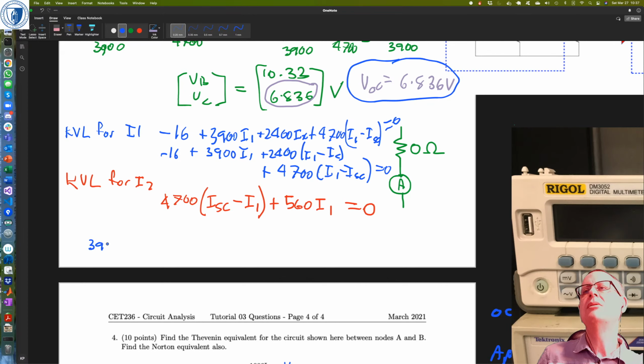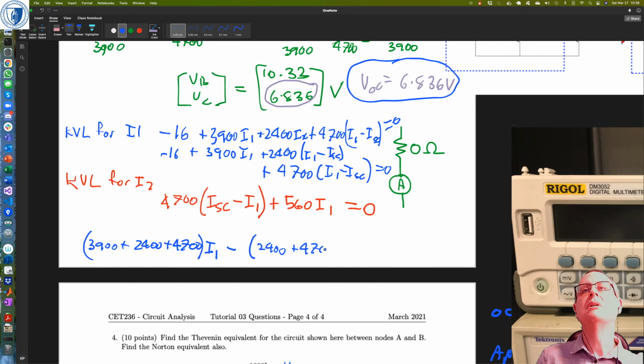So 3900 plus 2400 plus 4700 times I1, and then I'm going to go minus, and it should be ISC there, 2400 plus 4700 times ISC, and that equals 16.